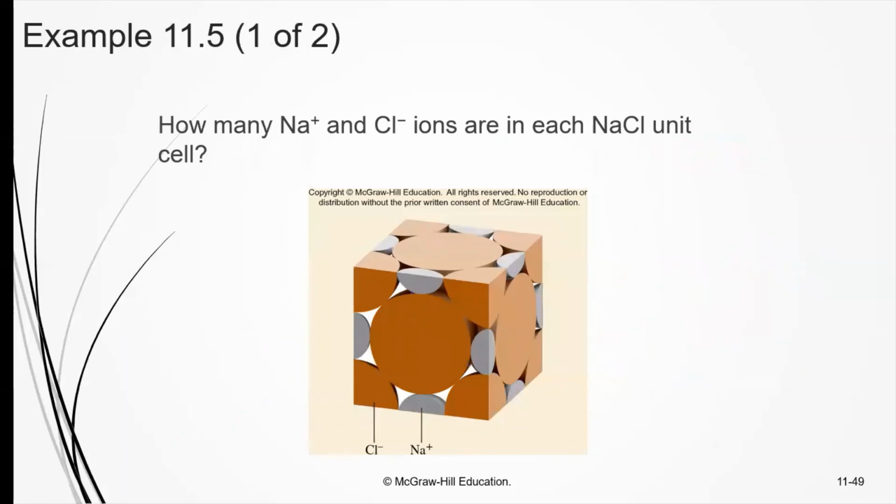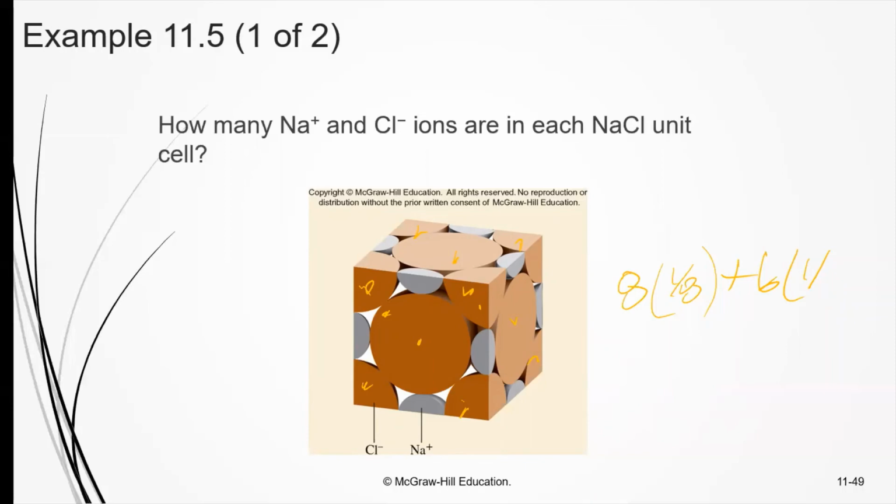On the other side, our chlorine, we have 1, 2, 3, 4, 5, 6, 7, 8 edges. Sorry, not edges, 8 corners. We have 1, 2, 3, 4, 5, 6. So each of the faces of cubes, right? Oh, sorry, there's 1 cube, there's 6 faces, so we should have 6 faces.